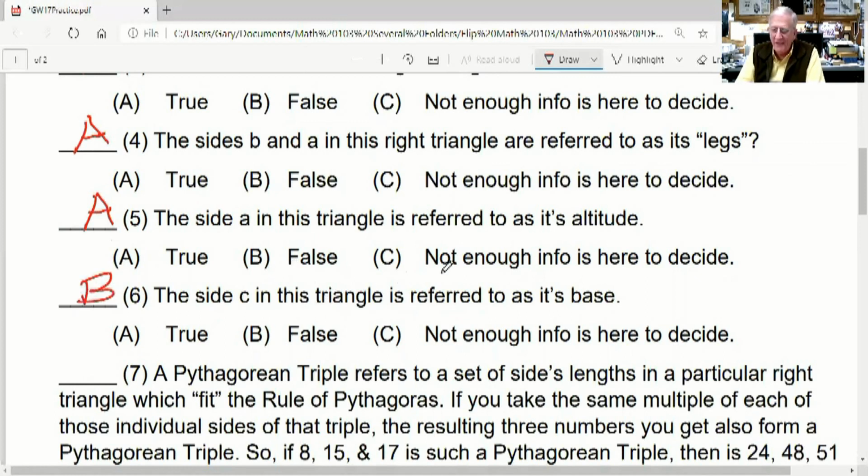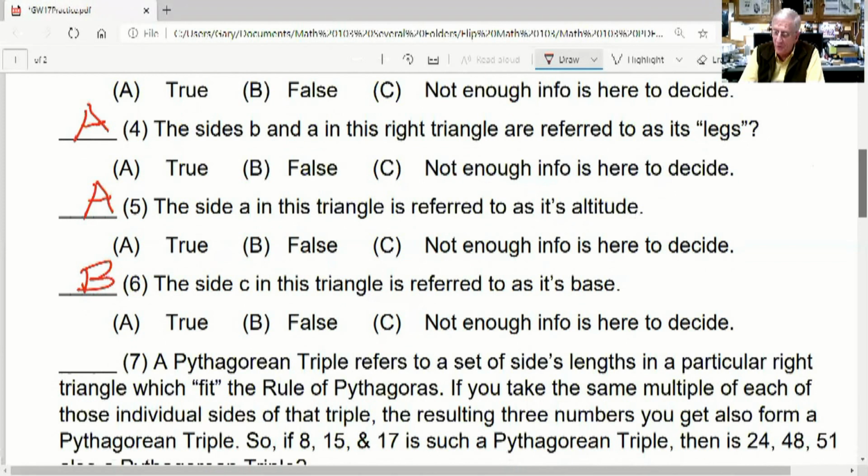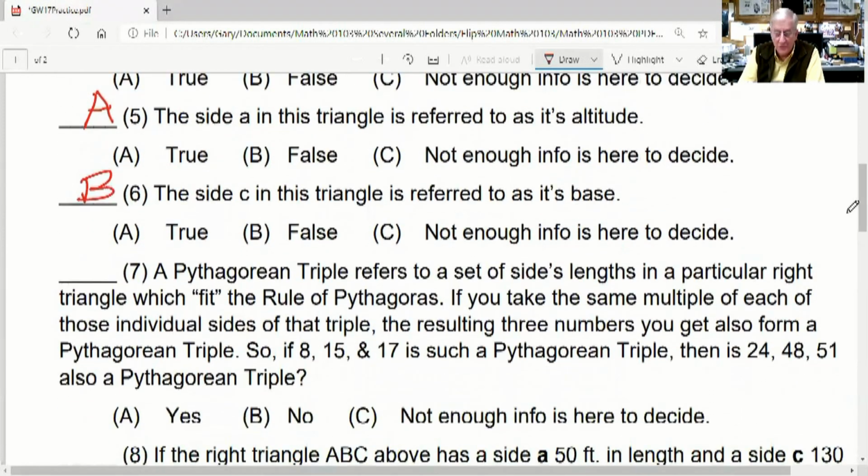All right. A Pythagorean triple refers to a set of side lengths in a particular right triangle which fit the rule of Pythagoras. In other words, if you put them in a squared plus b squared equals c squared, the statement would be true. If you take the same multiple of each of those individual sides of that triple, the resulting three numbers you get also should form a Pythagorean triple, right?